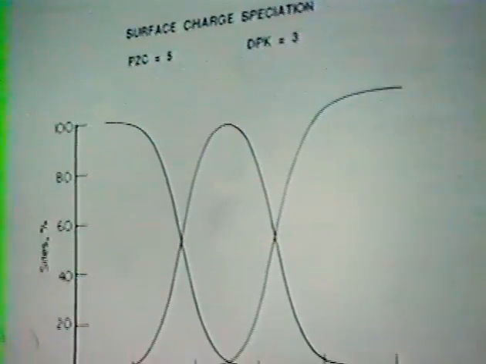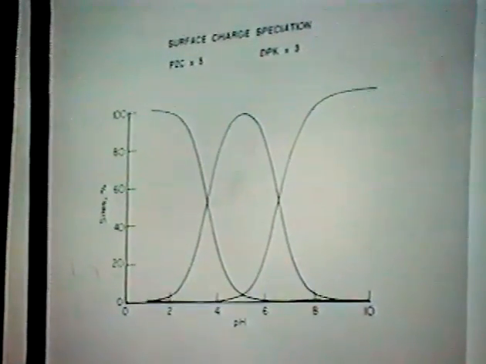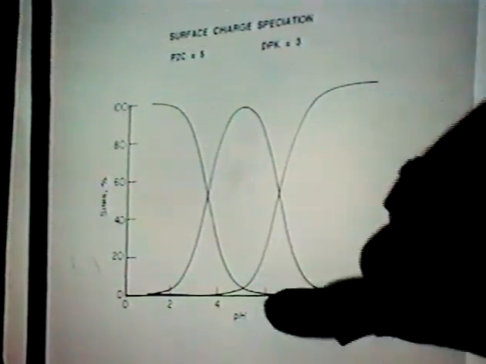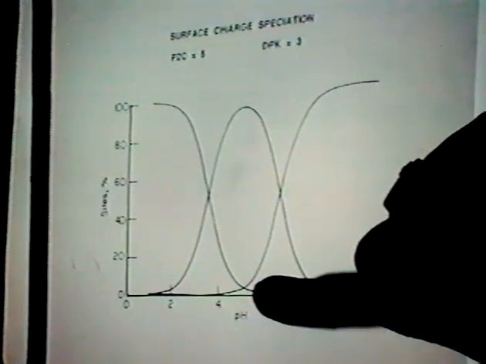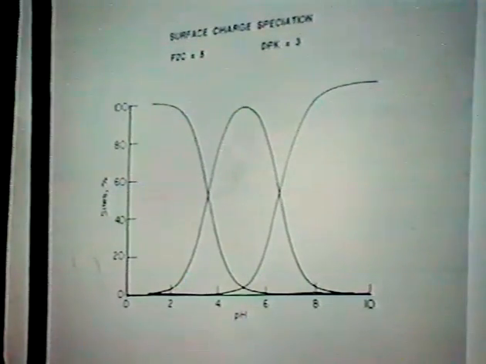Here in such a simulation, this is for a PZC of 5. The PZC is the point of zero charge. It's where the number of positive surface charge carriers and the number of negative surface charge carriers are equal. And we see for this particular simulation that the number of neutral carriers is quite large, percentage-wise.